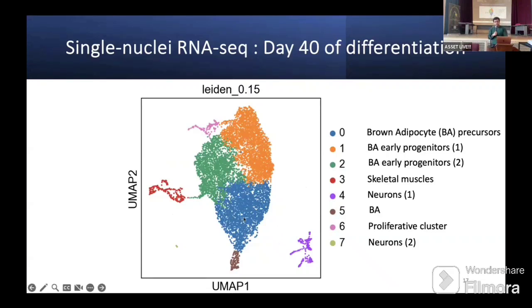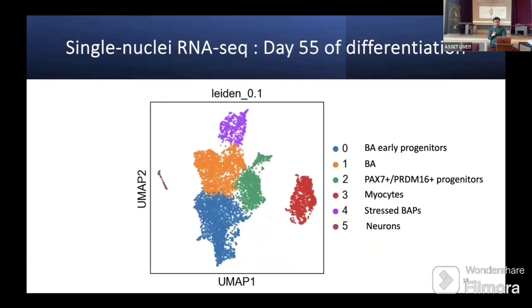And this cluster number 0 will then give rise to this small cluster here, cluster number 5, which expresses AdipoQ and UCP1. So this is our mature brown adipocytes. And again, we have other peripheral clusters, but very small, of proliferative cells, of muscle lineage, and of neurons.